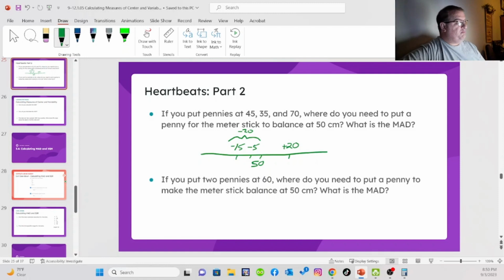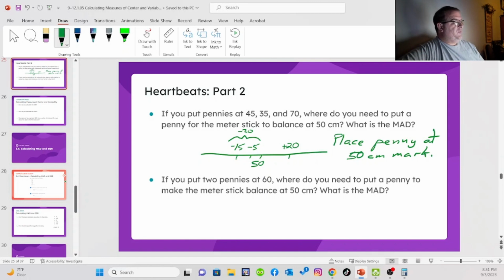So the only place that I can put another penny and keep it balanced is at the 50 centimeter mark.